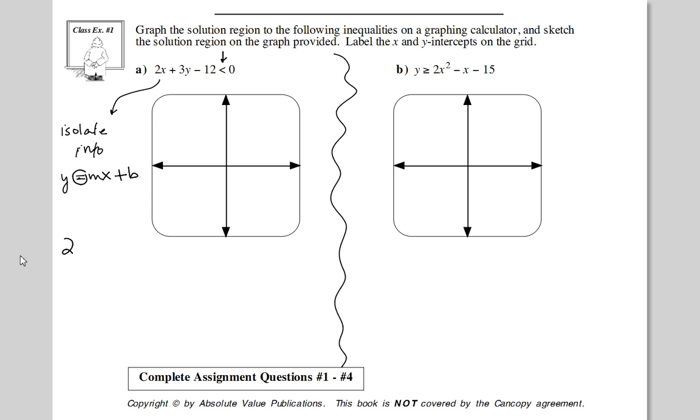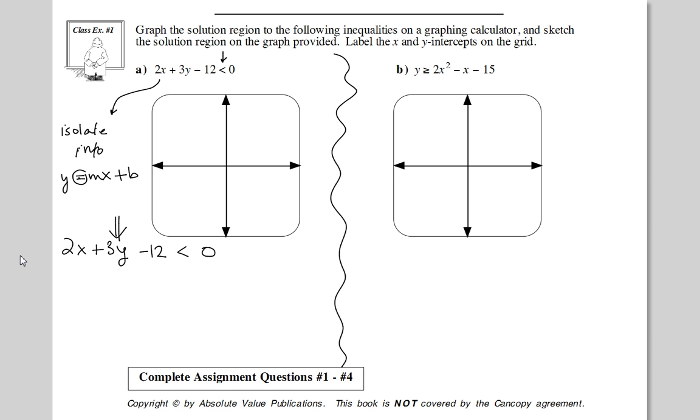So I have 2x plus 3y minus 12 is strictly less than 0. I want to isolate my y. So keep the y positive. That's my recommendation. That way you never have to divide by a negative, and you never have to flip a sign. What if this was negative? Just move this over and keep the 2 here.